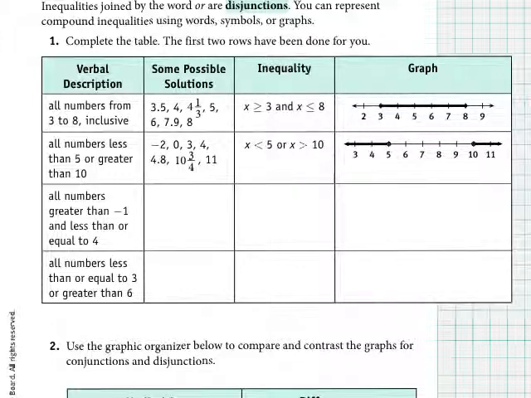In order to understand the differences between an and an or problem, I want you to do something for me. I need you to stand if you are a male. Okay, go ahead and sit down.